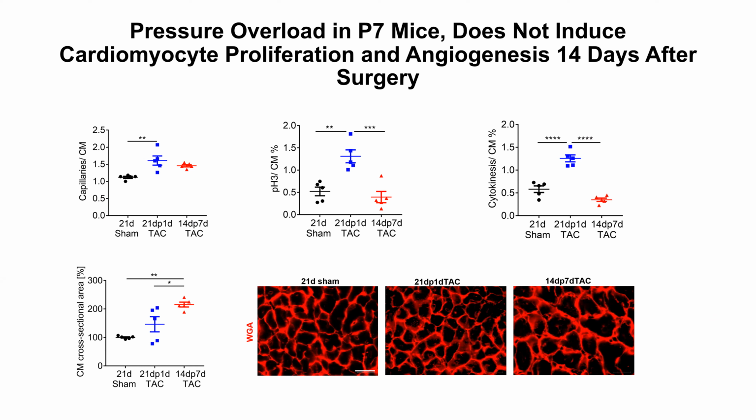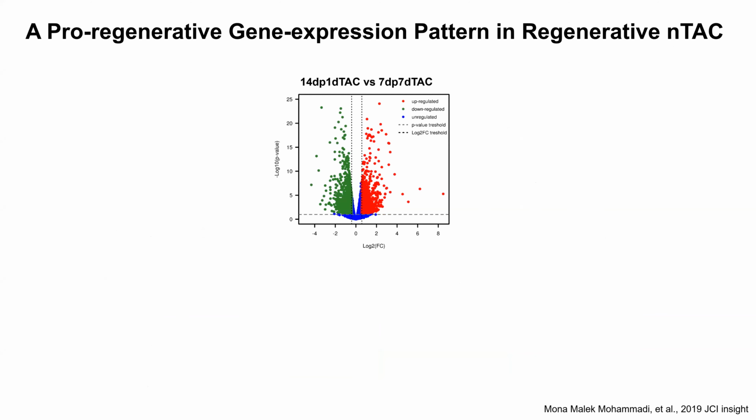To understand the molecular mechanism of this adaptive and also maladaptive response, I sequenced the hearts at 14 days after inducing pressure overload in 1-day-old mice and 7 days after inducing it in 7-day-old mice.